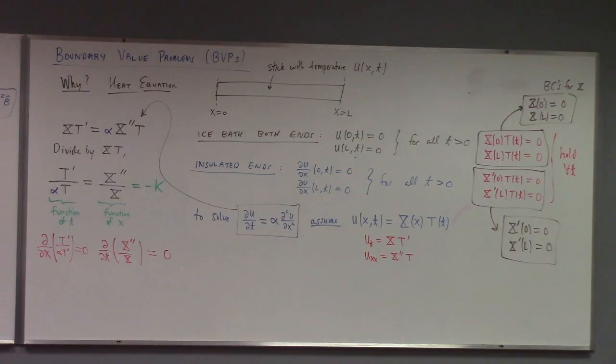So, for this reason, we need to understand how to solve boundary value problems, right? Because as we study the problem of the heat equation, we see that proposing a product solution brings us straight away to the problem of solving constant coefficient differential equations, right?